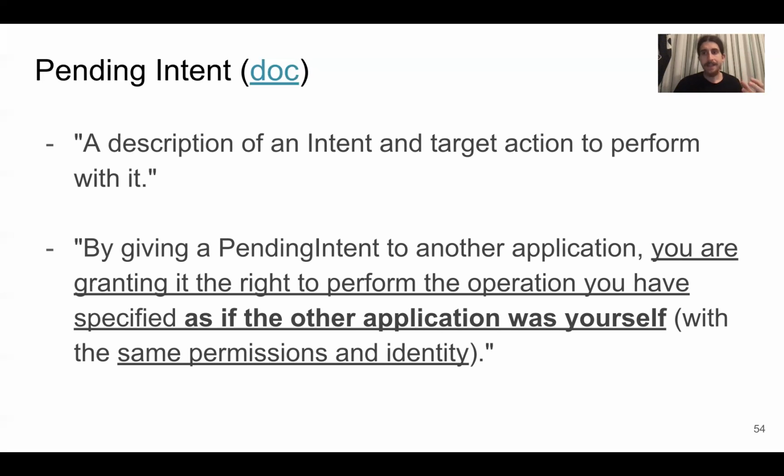So the pending intent is a wrapper, but it also carries some kind of security thing that says, application B, take this, and you have the right to interact with the component specified by the intent inside.